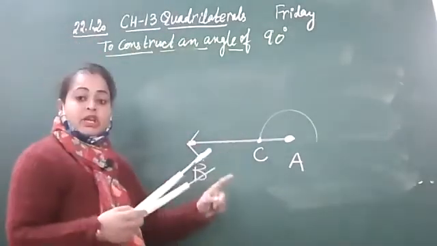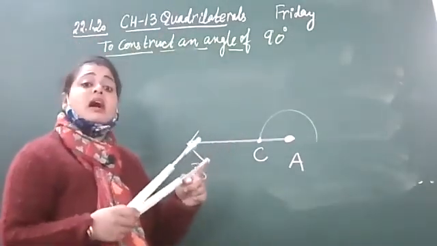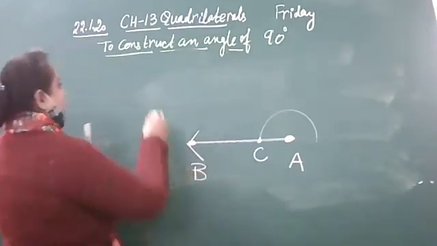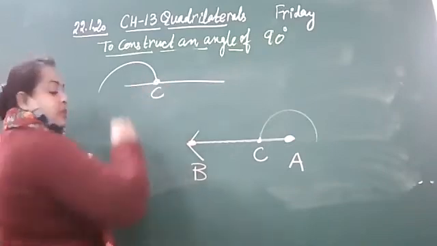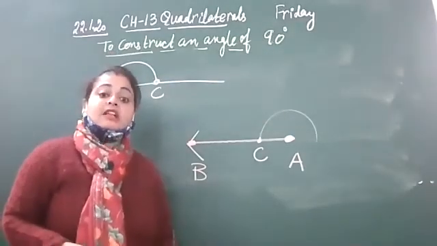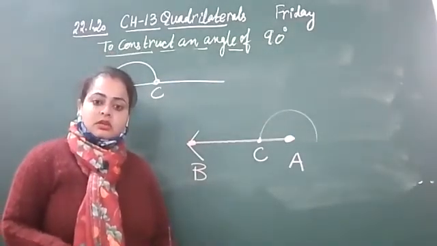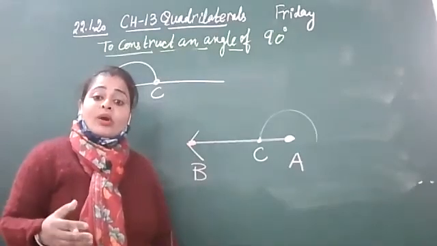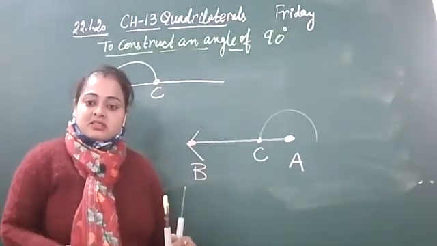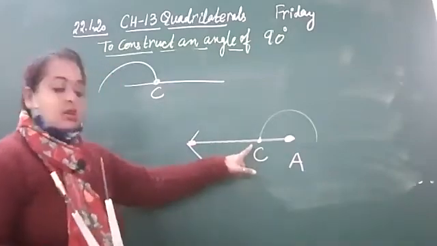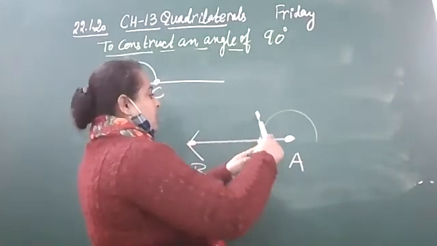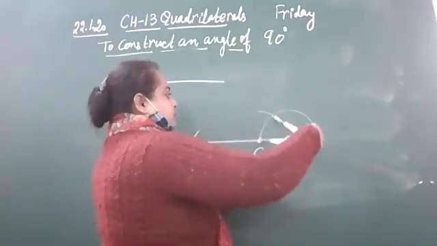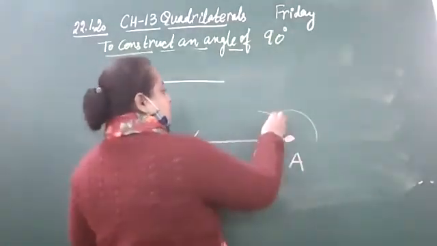Now I am going to put the compass. कहाँ पे पुट करते थे हम? If our semicircle is on this side like this, then where will you put your compass? At which point? Yes, students. At the point C. Okay, now put your compass here and draw an arc like this.